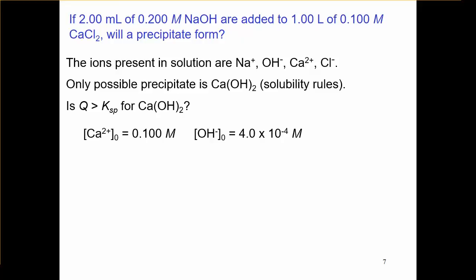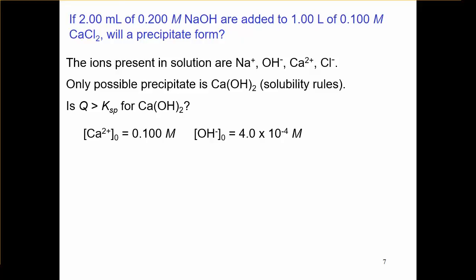But the 2 milliliters, that's a very tiny amount, and you diluted that into 1,000 milliliters. So you have 1,002 milliliters. If you do M1V1 equals M2V2, then the concentration of the hydroxide comes out to be 4 times 10 to the negative 4 molar. Okay?